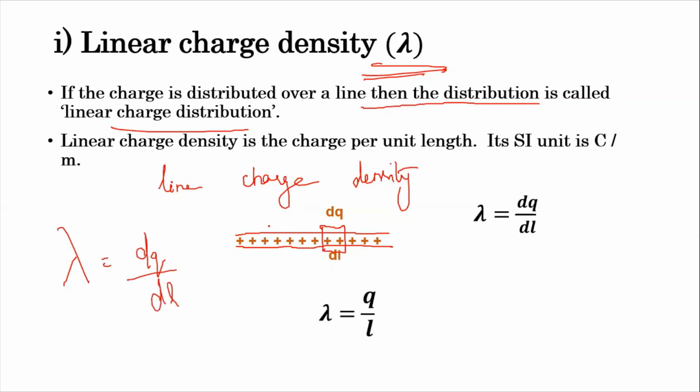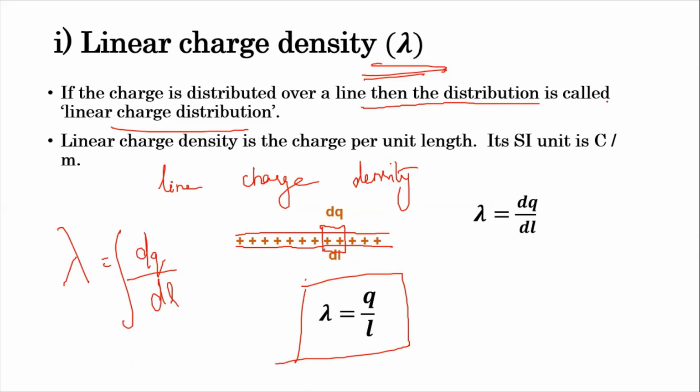When you want to calculate the distribution for the entire wire, we use the limits to integrate it, so you will get q by l: total charge divided by the total length of the wire.